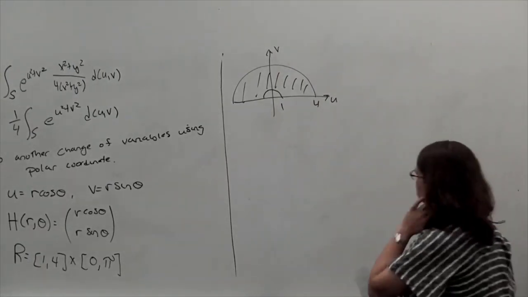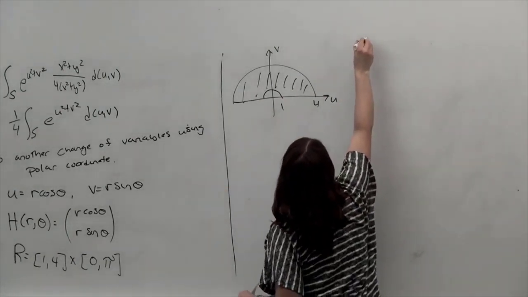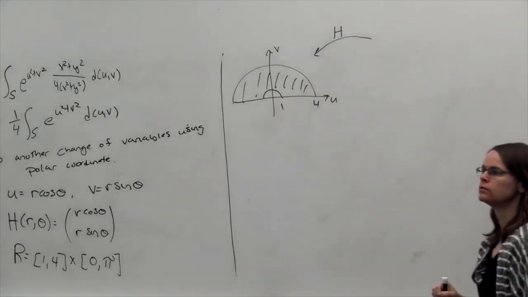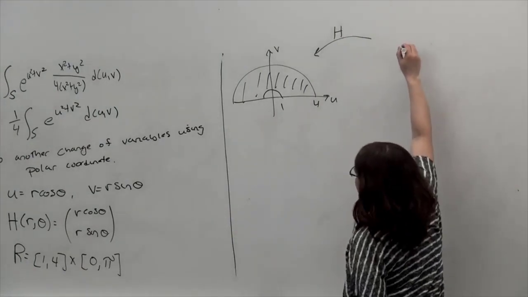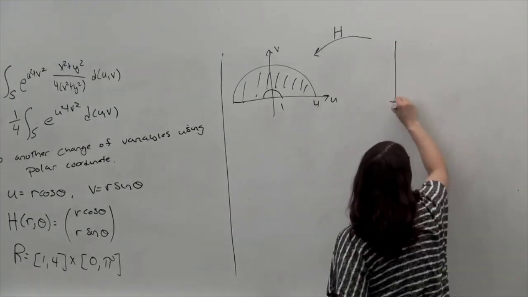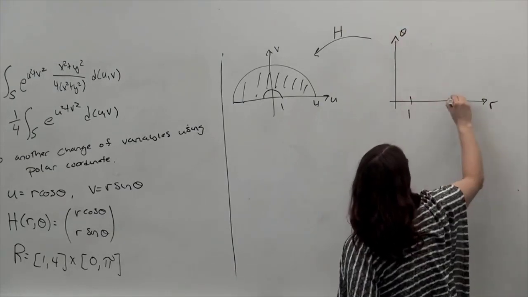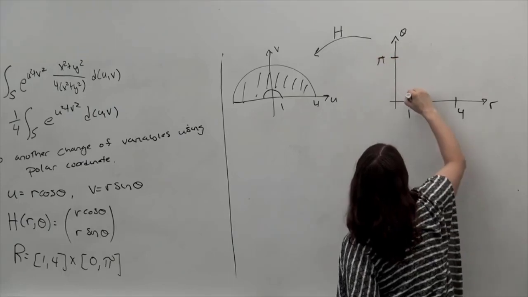We've got u and v written as a function of r and theta, so h goes this direction. And now over here we have just our rectangle. So here's 1, here's 4, here's pi.